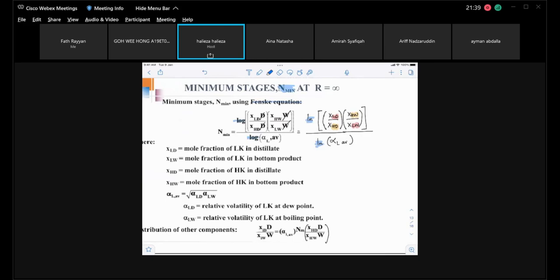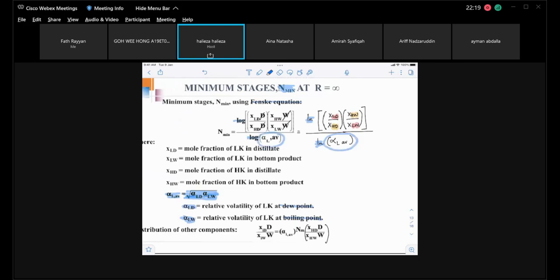Okay, so you have the relative volatility of the light key, which is an average value, which you can get from the relative volatility at the top distillate product, and the relative volatility of the light key from the bottom temperature. Okay, the top temperature is at the dew point, the bottom temperature is at the boiling point. So you can get both of these values, at the boiling point and the dew point, and then you get the square root of it, and you get the average value, which you substitute over here.